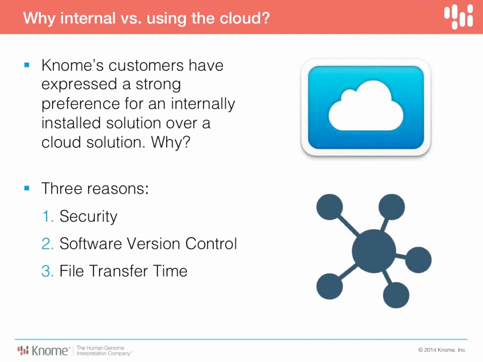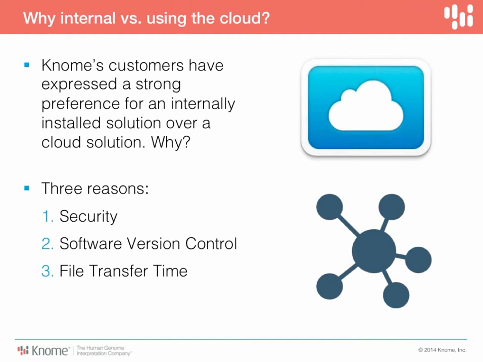Of course, another important reason is file transfer time for them. Some of these files that come off of the sequencer can be from a low number of gigabytes to hundreds of gigabytes. And to transfer a file of that size over the internet, of course, is doable, but it's difficult if you have an internet connection that's not exactly built for transferring large files, as is the case at many of these facilities. And then you layer on top of that the concept that they might be doing volume, not just one at a time, they may be doing 10 or 20, depending on the volume of the lab.